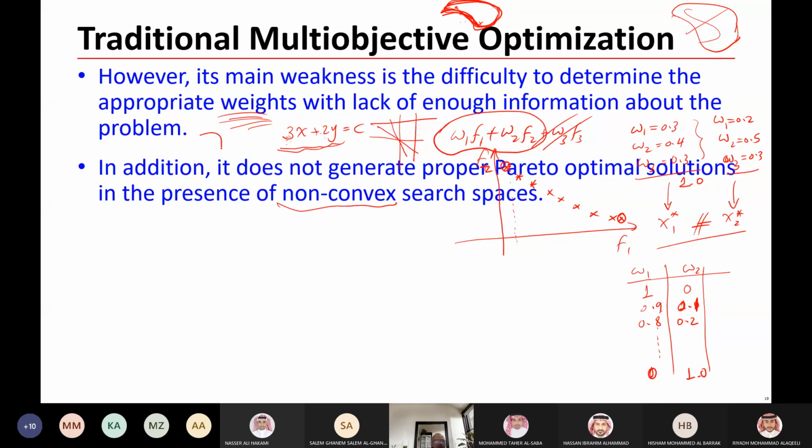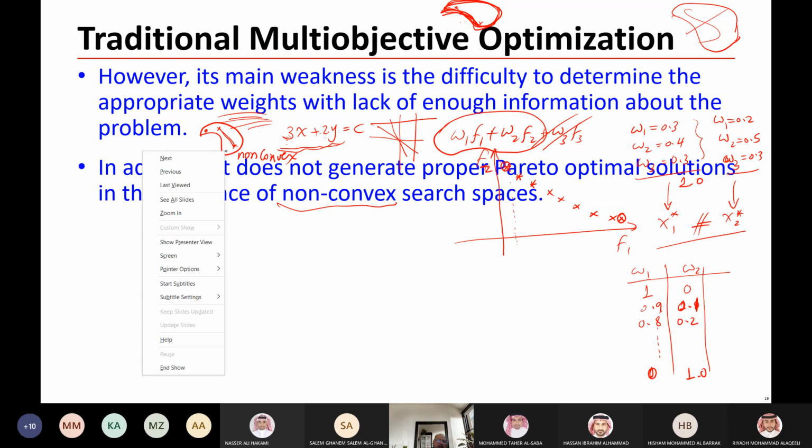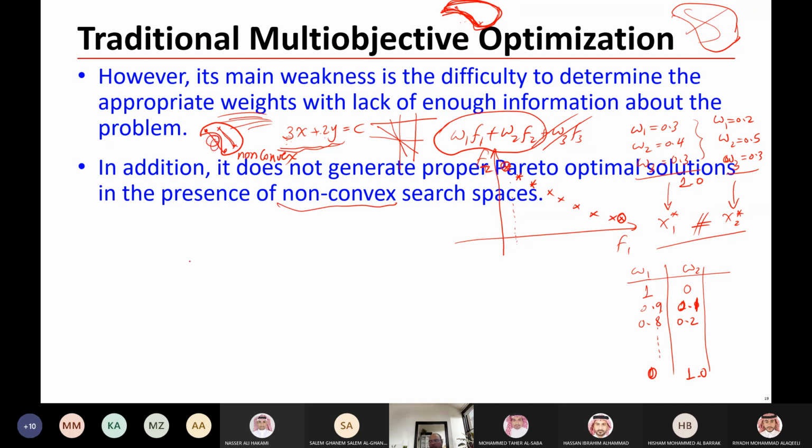If this is the search space, this is a non-convex search space. Why? By the definition of a convex search space, for any two solutions, all points between them should completely lie in the search space. But if we have a solution here and a solution here, and we interpolate between them, you can see part of this line is outside the search space.